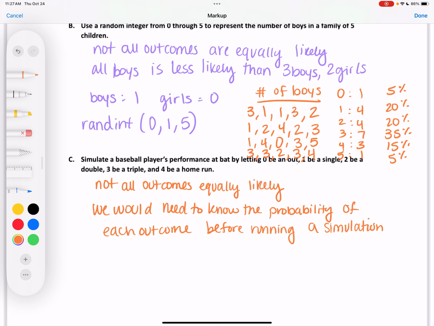They get a double 2 out of every 10 at bats. They get a triple 1 out of every 10, or something like that for us to be able to actually run this effectively. So, anyways, that's that.